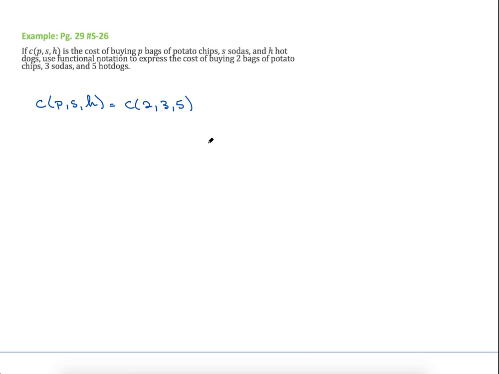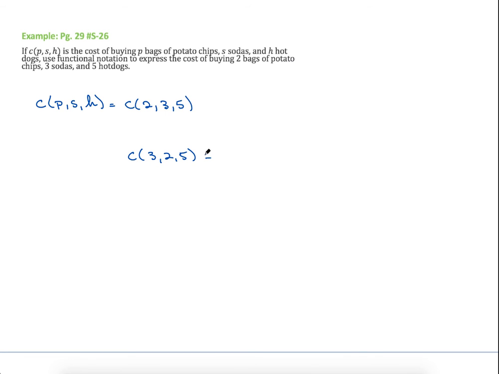Now I want to point out to you that this function has three input values. Functions sometimes can have just one input value, but sometimes they can have two or more. When you have a function that has two or more input values, when you write the notation, the order in which you write the input values is really important. Because if I write c of, let's say, 3, comma, 2, comma, 5, this now has a completely different meaning.